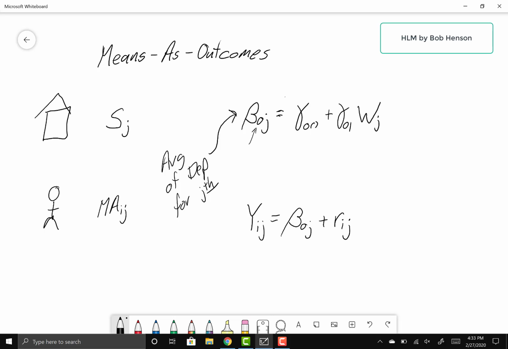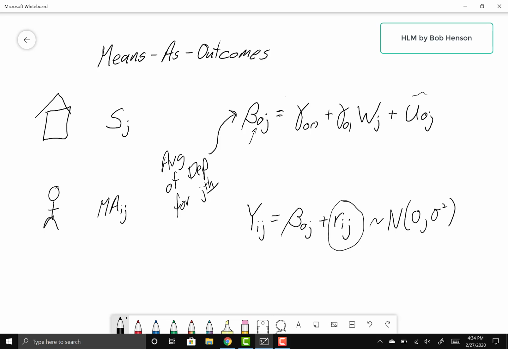It's entirely possible that above and beyond what W can explain, schools are a little different, meaning we want to allow any given school to be different from what we predict. So we include a u sub 0j. Now we have two different error terms. We have my level 1 error term, describing the extent to which the ith person's math achievement differs from the jth school average, which we assume is normally distributed with mean 0 and a particular variance, sigma squared.